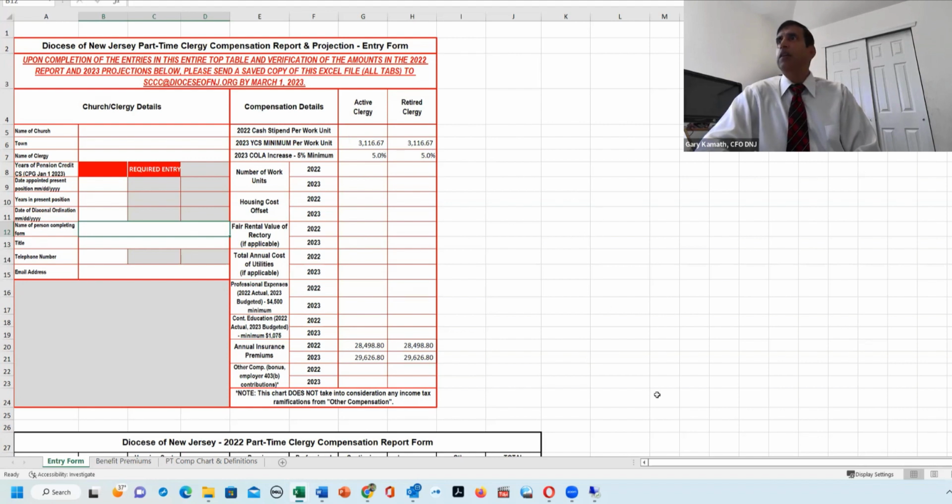So say active clergy. Say here the years of credited service is 4. Cash stipend, say 3,300 last year.